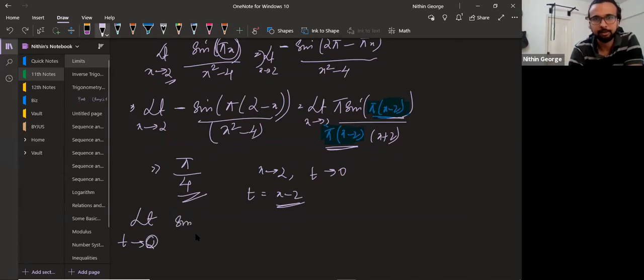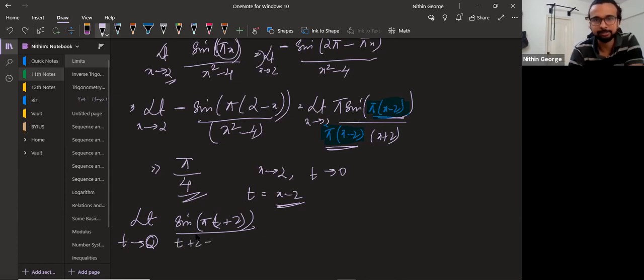And then sine of pi into x, which is pi into t plus 2. The denominator becomes x square minus 4, which I write as x minus 2 into x plus 2, and x is nothing but t plus 2.